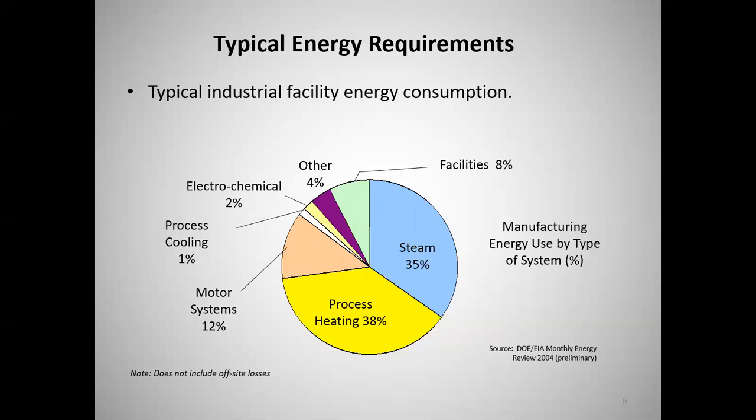So you can see these guys are gonna burn some natural gas to make all this stuff go. Now, process heating could be electric induction furnaces, stuff like that. But I would say the majority of it is natural gas driven, especially the big stuff.